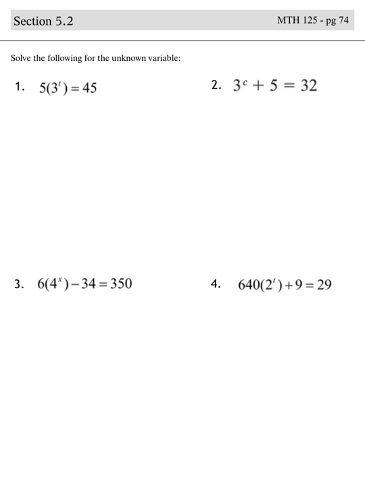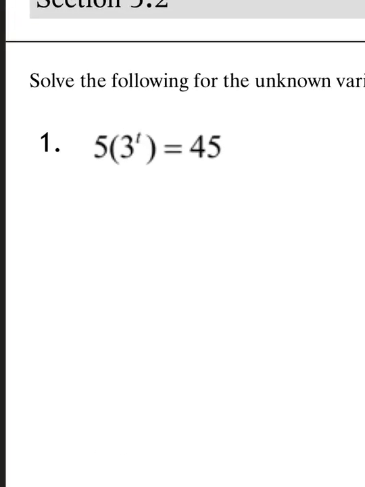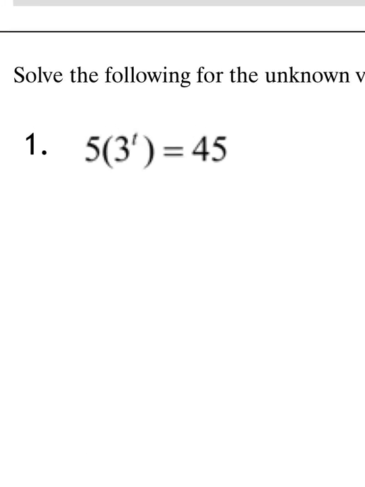On the next page, we were being asked to solve for the unknown variable. Doing all of the same things that you would do if you were solving an equation, you're going to try to isolate your power first, and then do either by inspection or something along those lines.